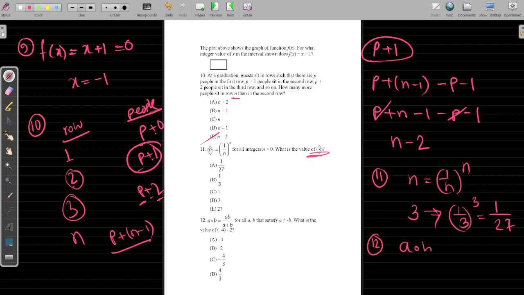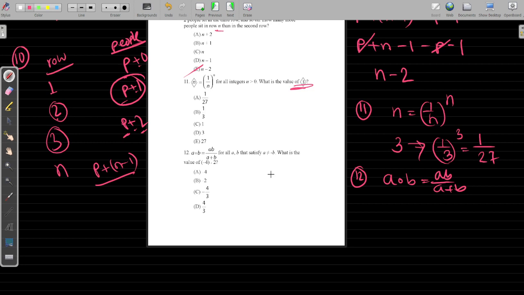A dot B equals AB divided by A plus B, right? So they have given me the numbers minus 4 dot 2. I need to replace A by minus 4 and B by 2. Here minus 4 times 2 over minus 4 plus 2. So I will get minus 8, and here I will get minus 2. So our answer will be 4, right? So this one.